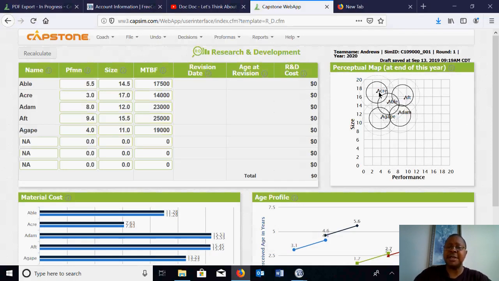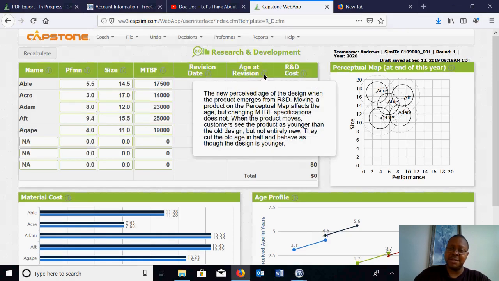A couple of things you're going to need in terms of creating each of the positions for each of the marketplace segments are the age at revision, which is basically the new perceived age of the design when the product emerges from R&D. That does not mean you cannot sell anything until that new design emerges. It's the perception in the marketplace that yes, you are putting additional information into your R&D.